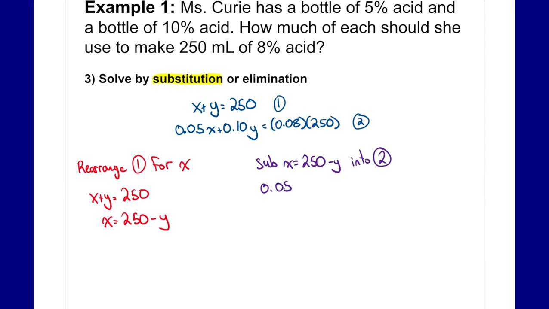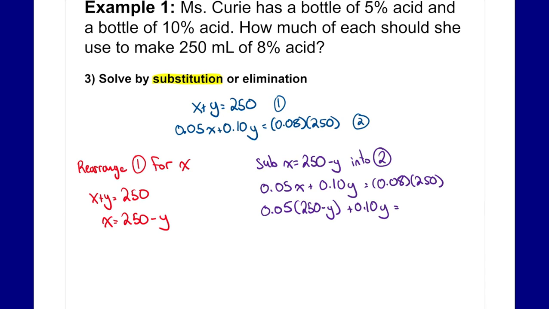So I have 0.05x plus 0.10y equals, and we'll worry about that later, but 0.08 times 250. I'm going to substitute it in, so 0.05 times (250 minus y) plus 0.10y is equal to, and I can actually simplify this part over here, so 0.08 times 250 is 20.